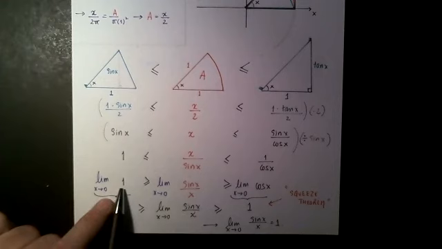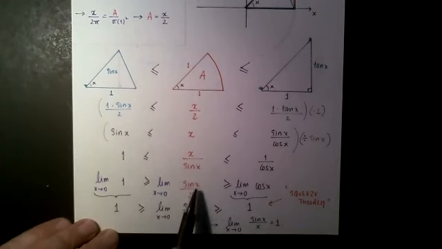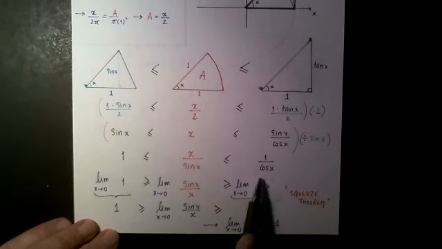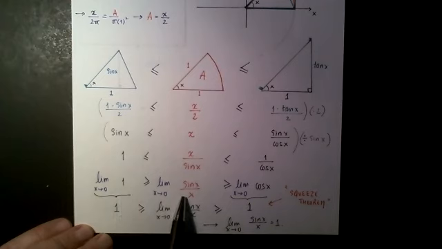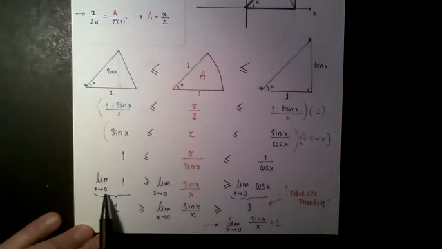Sorry, forget what I just said. I thought it was a sine. This value will never exceed 1. Sine x over x will never exceed 1, and it will never be less than cos of x. We showed that until here. Now, since it works for every value of x, then if x is approaching 0, it also works.